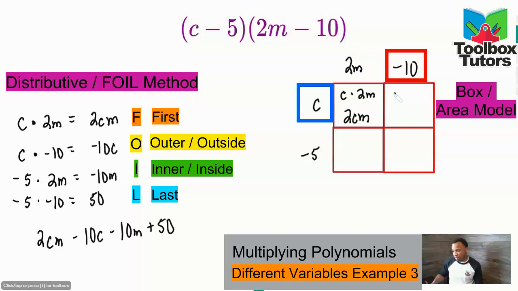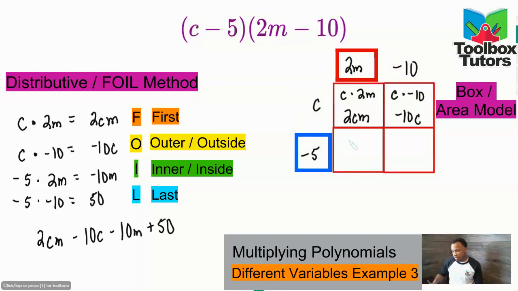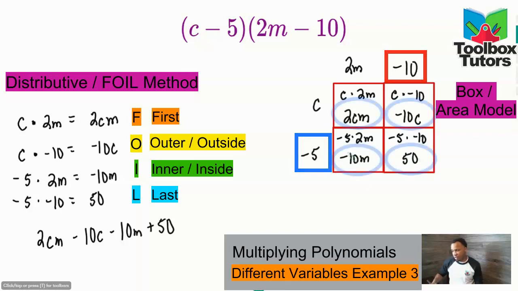In this next box to the right, we have c times -10. That gives us -10c. If we go down and to the left, we have -5 times 2m. That gives us -10m. And in this last box on the far right, we have -5 times -10, giving us 50.